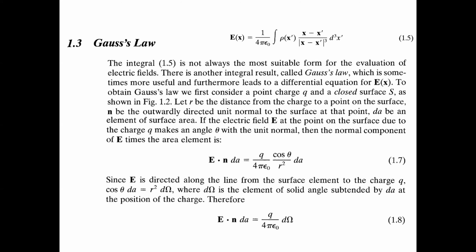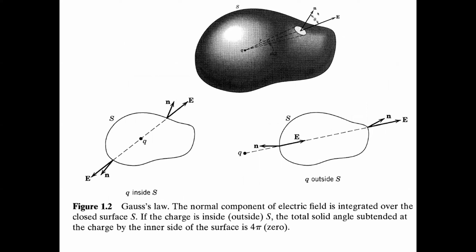So to obtain Gauss law, we first consider a point charge Q. Let's look at this figure on the top. We have a charge Q located here. And let's say we have a closed surface.